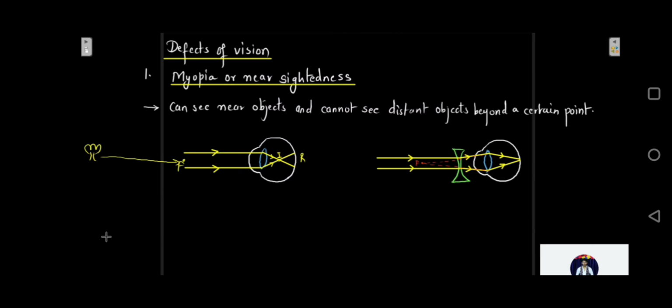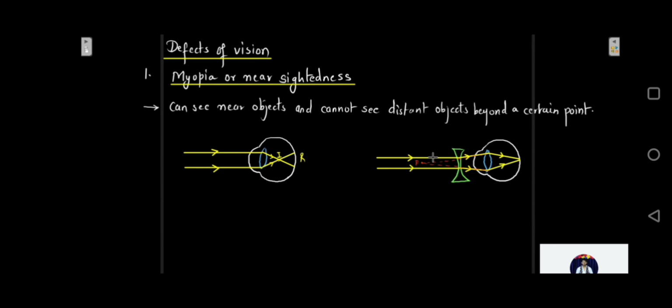Thus the far point for a myopic eye is not infinity, because they cannot see an object placed at infinity. The far point for a myopic eye is only a few meters from the eye. So how is myopia corrected? To correct myopia, we use a concave lens.